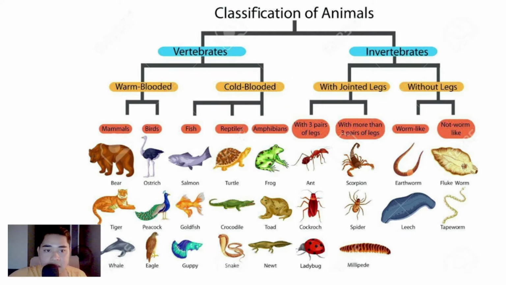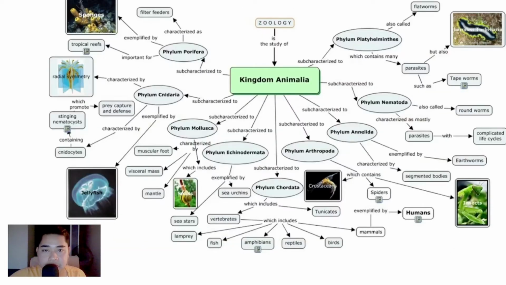As you can see on this presentation, you have the vertebrates, which are also divided into warm-blooded and cold-blooded animals, and the invertebrates, with jointed legs and those without legs. We've already discussed this part, and there you can see a few examples of animals under their specific classification.